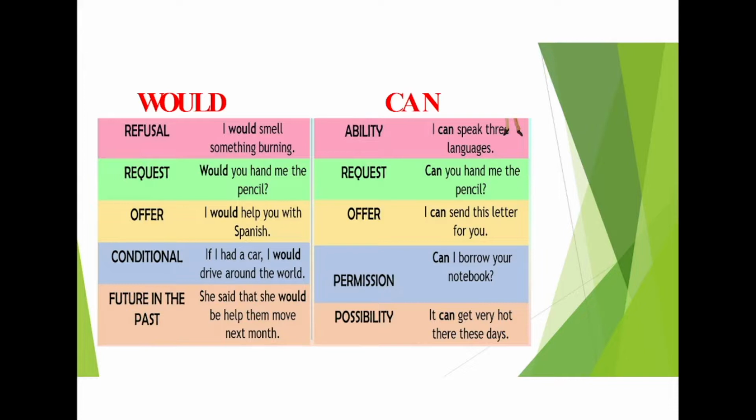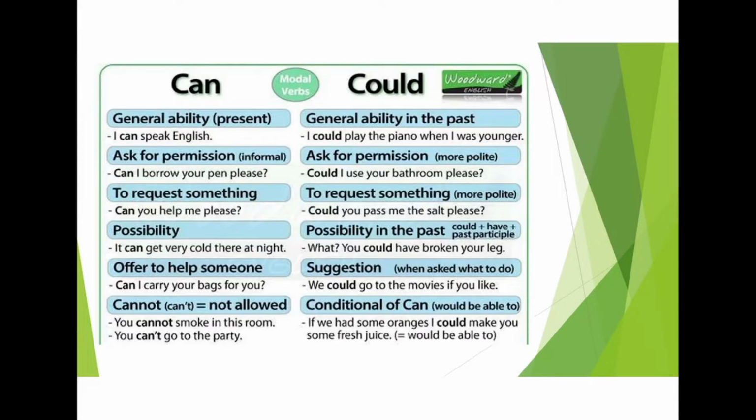We use can. Then again we have can and could comparison. Can is more informal, okay? And when you are certain about a thing, you are talking about abilities. When you want to talk about ability of the past, we should use could.